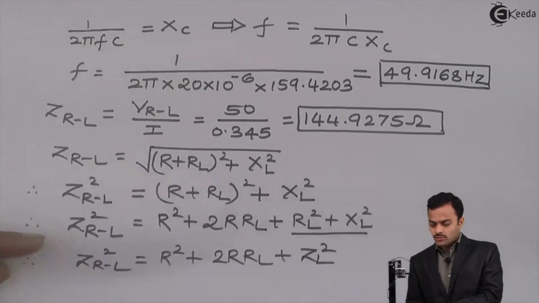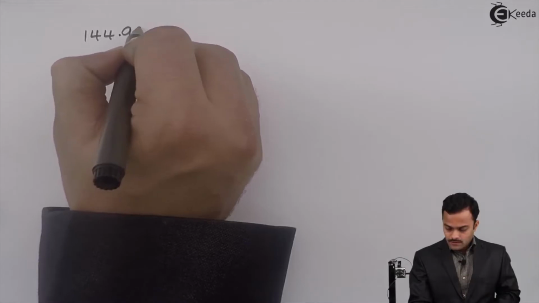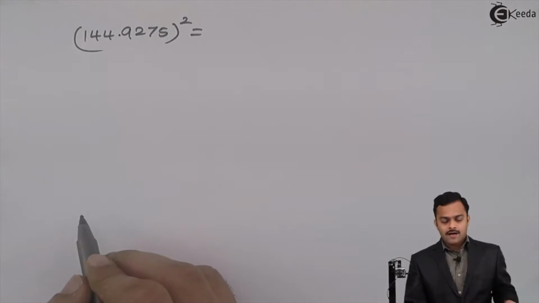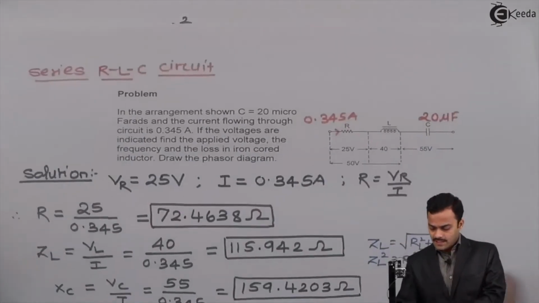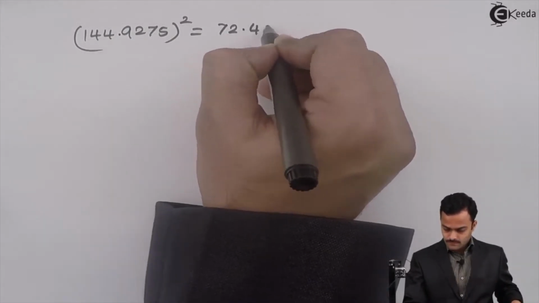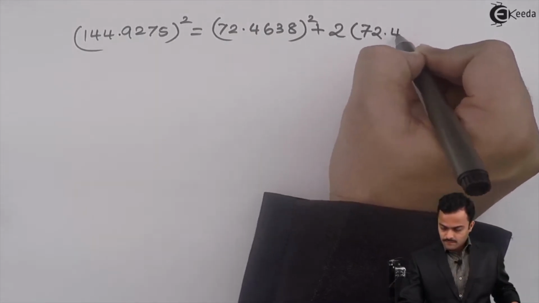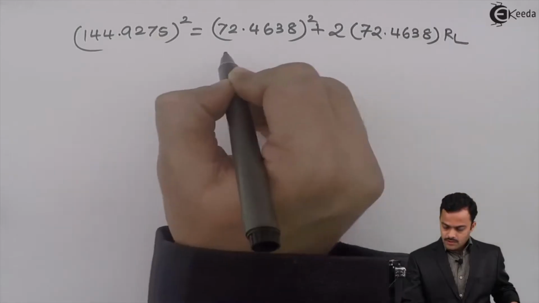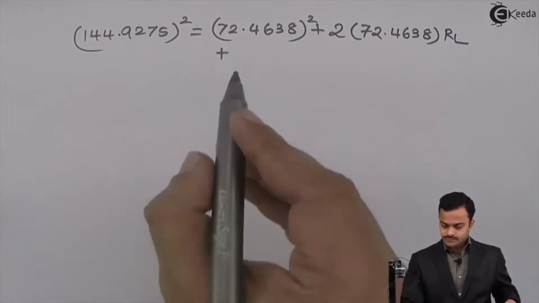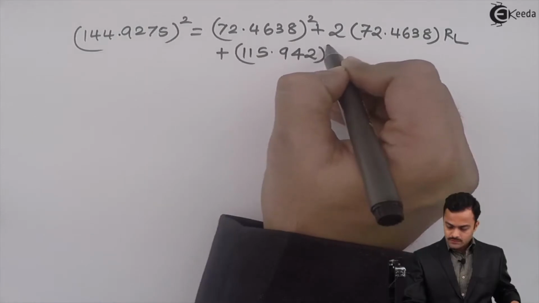Now ZRL is known to us, which is 144.9275 square, equal to R, which we calculated in the first step as 72.4638 square, plus 2 times R into RL, where RL is unknown, plus ZL, which we have calculated as 115.942, square.